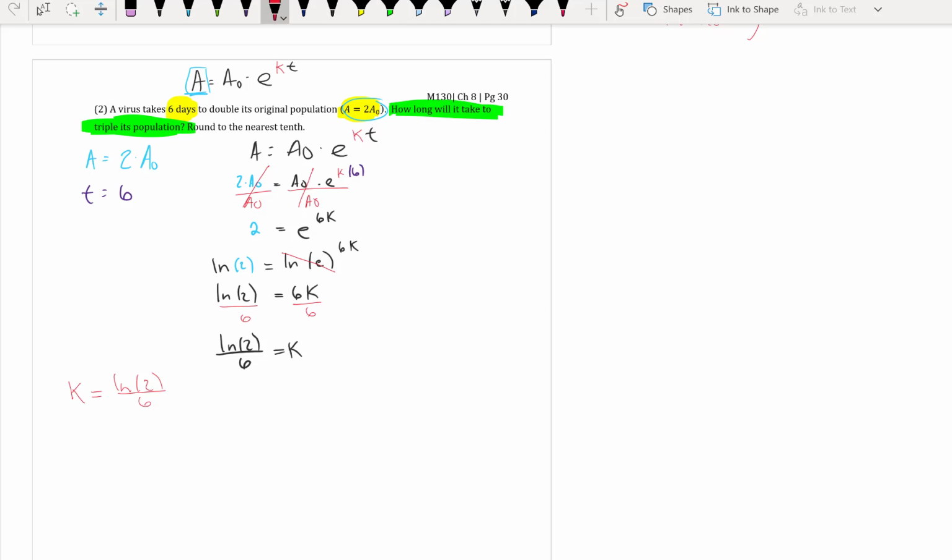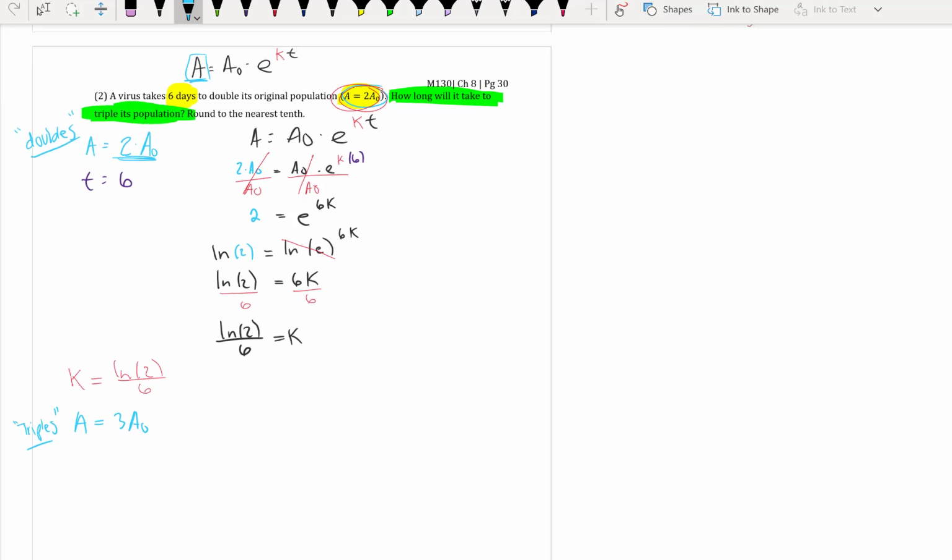So now, instead of it being doubled, my final amount is going to be 3 A naught, since this is what we say when it triples. We know what happens when it doubles and triples.